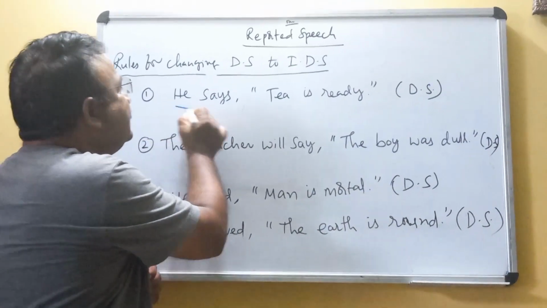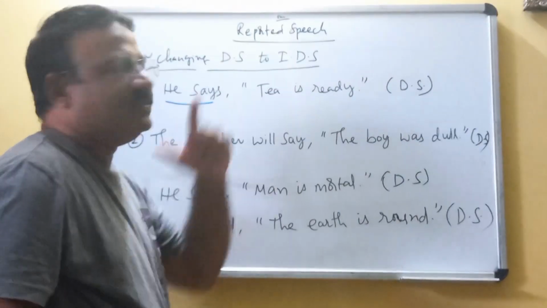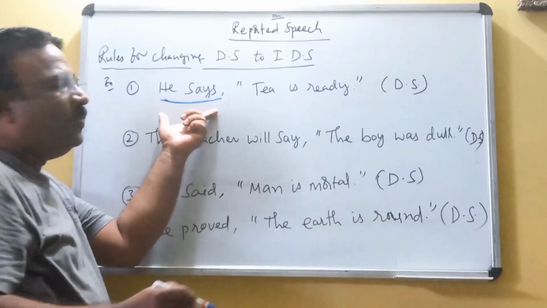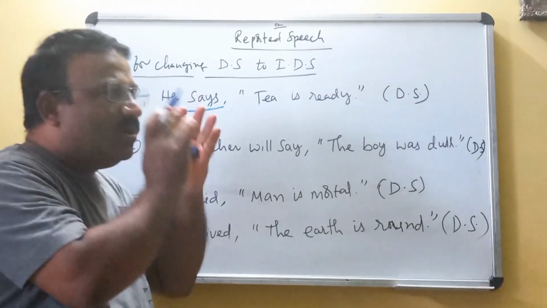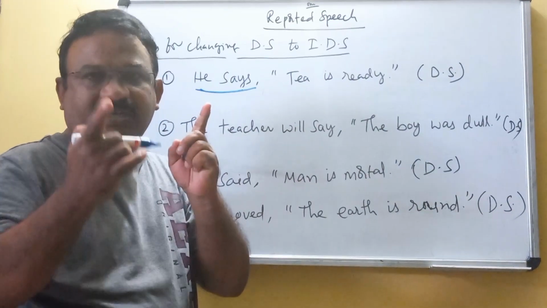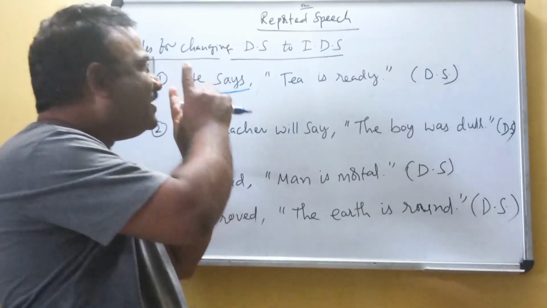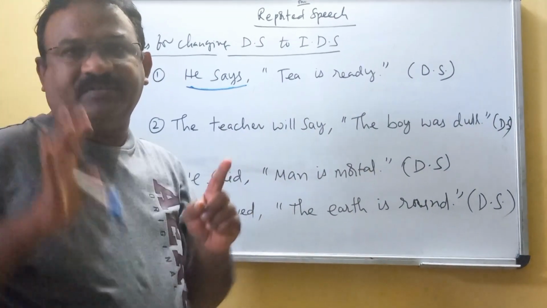Here: he says, tea is ready. This is direct speech, right? Here 'he says' is the reporting verb. What is the rule? When the reporting verb is in the present tense or future tense or present perfect tense, the tense of the direct speech remains unchanged.